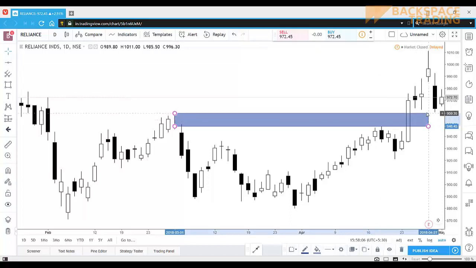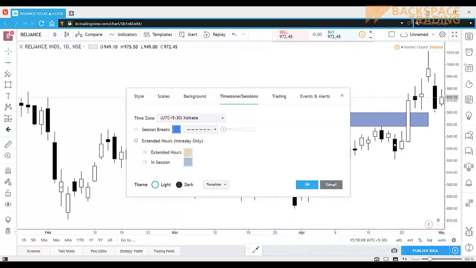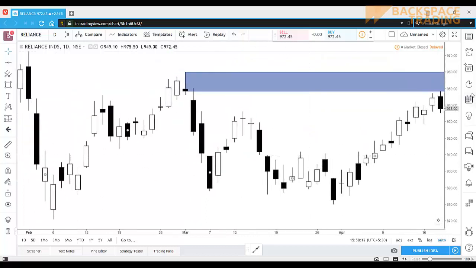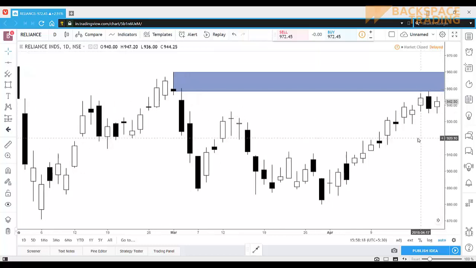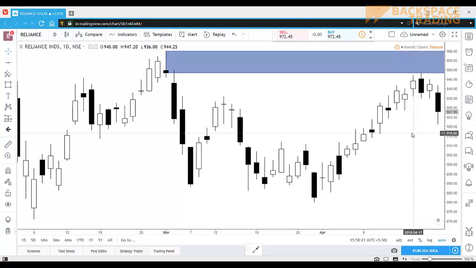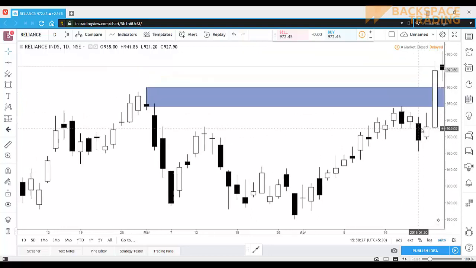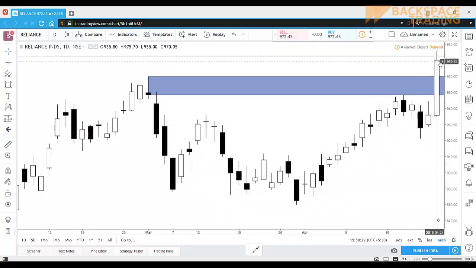What happened over here? Even though you could have taken a short trade over here, this is a candle formation. I will explain it later. Even though you took the trade, it went in your direction for some time and then abruptly pierced in.